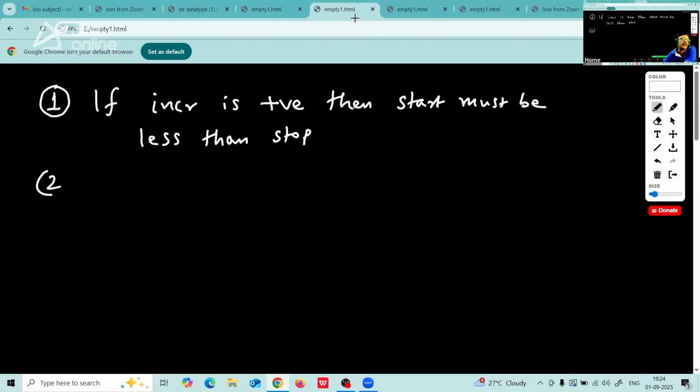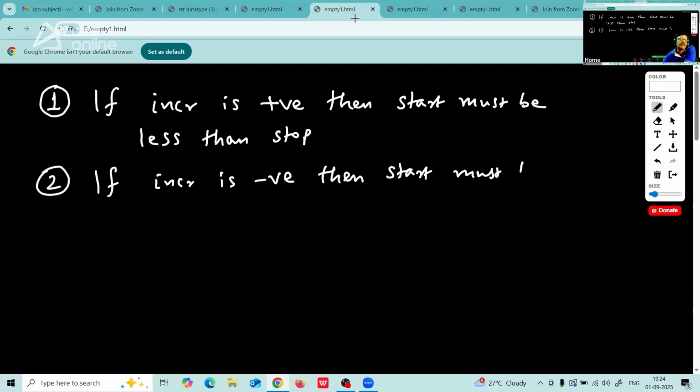And second rule, if increment is negative, then start must be greater than stop.